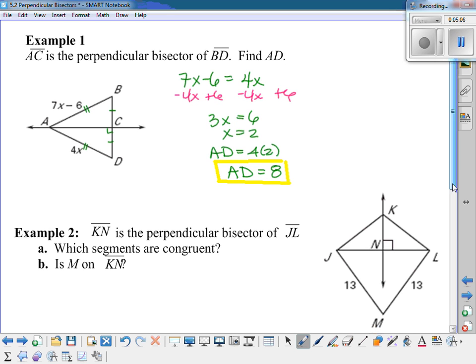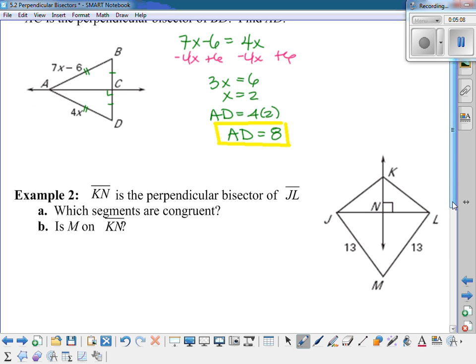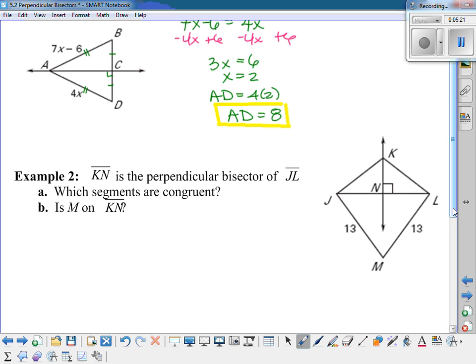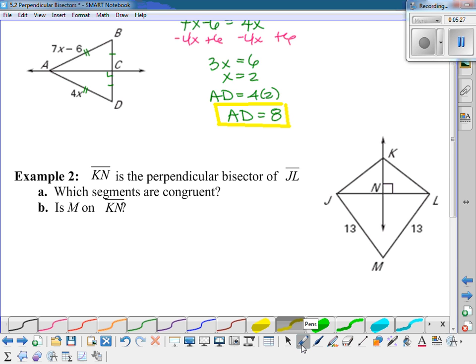Another kind of problem you might see is one like this. We have that KN is the perpendicular bisector of JL. I want to know which segments are congruent, and then whether point M would be on KN. So first of all, let's see what I know based on what they've told me. They've told me that KN is the perpendicular bisector of JL.